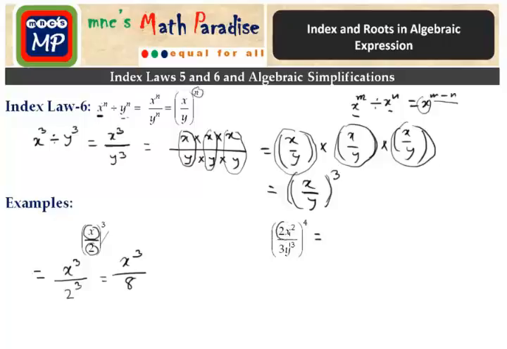Here one base is 2x squared, another base is 3y cubed, a little bit complex, and they are divided together. And the common power is 4.